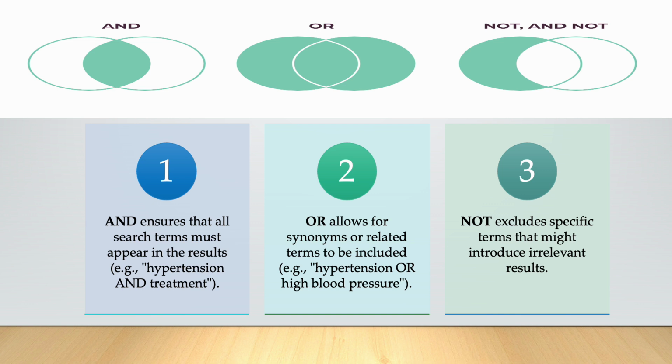We use AND between population and intervention. But OR allows synonyms or related terms to be included, for example, hypertension or blood pressure, and does not exclude specific terms that may bring relevant results. We didn't need it.